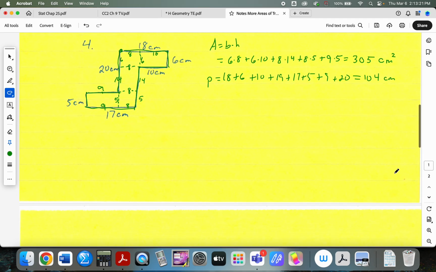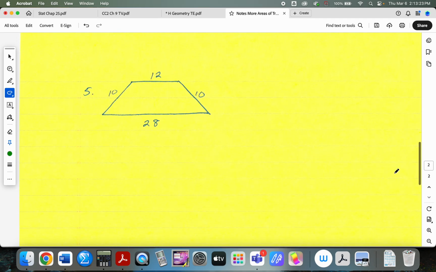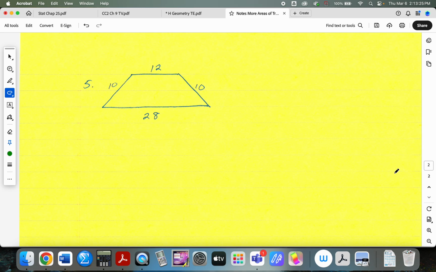All right, one last problem. Just as a reminder, we did one of these in the notes yesterday, but this is an isosceles trapezoid. I know it's isosceles because these two sides are congruent.